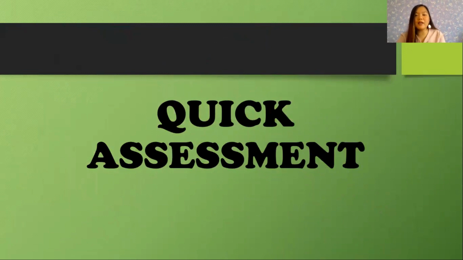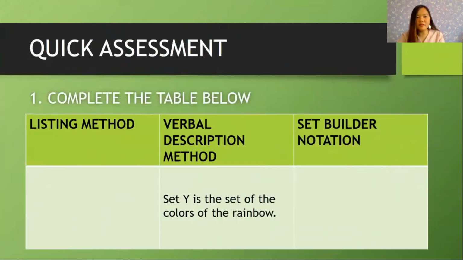So, let's have a quick assessment for that. Okay. This quick assessment will include all the lessons we have kanina. So, the first one, listing method, verbal description method, and set builder notation. These are the 3 ways in naming a set. So, given there is set Y is the set of the colors of the rainbow.